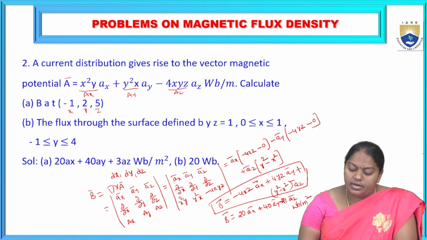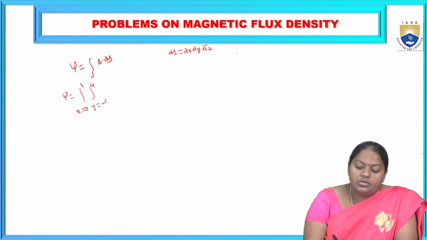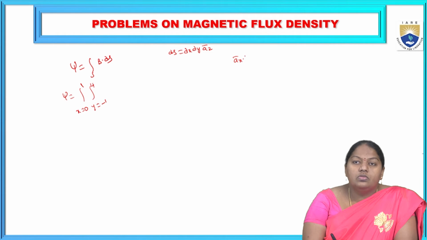The z direction component is y square minus x square into az, and the rest will be considered as zeros. Why? Because the dot product between two different unit vectors is equal to 0. Ax dot ay is equal to 0. Similarly, ay dot az is also 0.